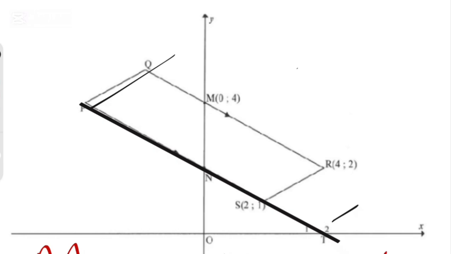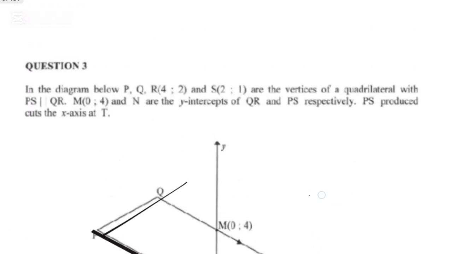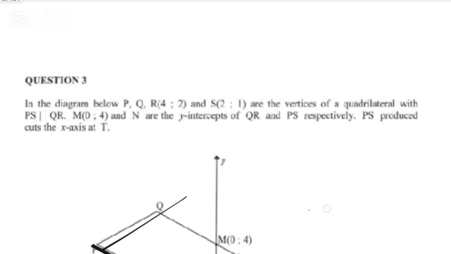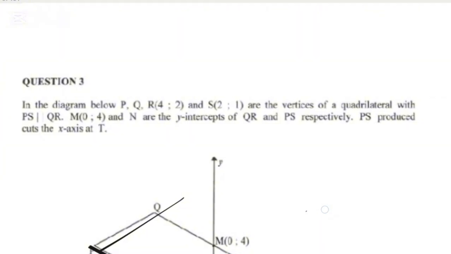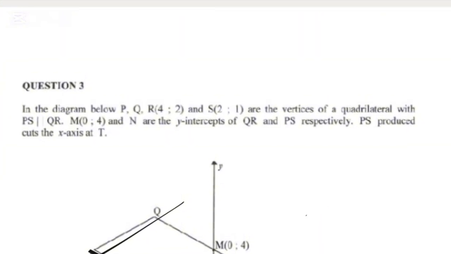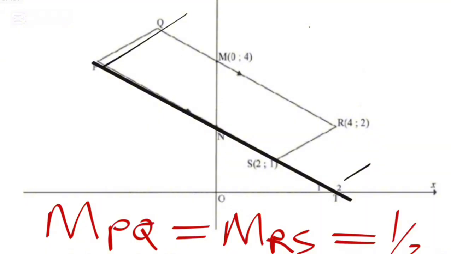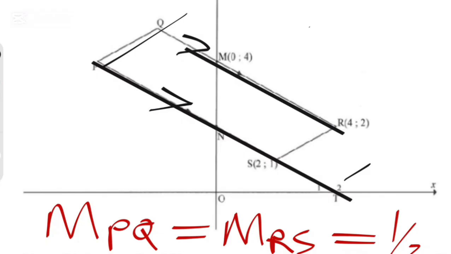We have 2 points here. PT is parallel to this one, so we can find the gradient of this one, meaning we already found the gradient, and then we use this point to solve this.